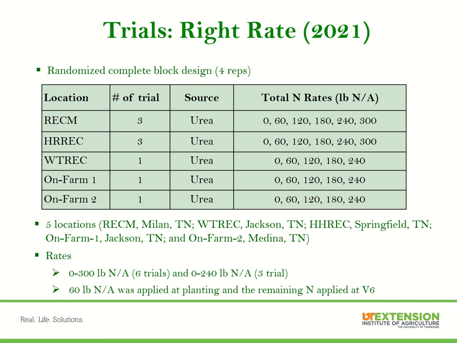For the plots that received nitrogen, we put 60 pounds of nitrogen at planting and then side dress the remaining. So for a rate like 240 pounds of nitrogen, we put 60 pounds of nitrogen at planting and side dress about 180 pounds of nitrogen per acre.